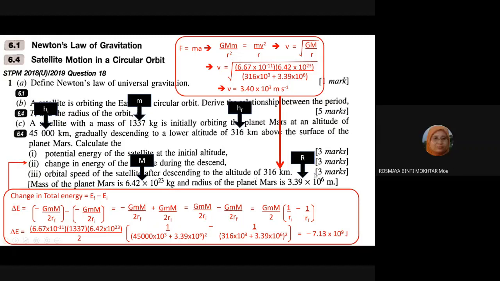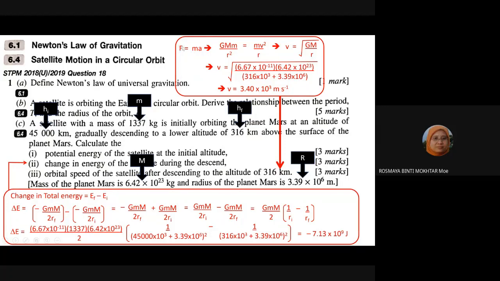Teacher, can you explain again the first line, how you get the square root of GM per r? How from F equals ma? Start from here. You use centripetal force, using the circular motion concept.